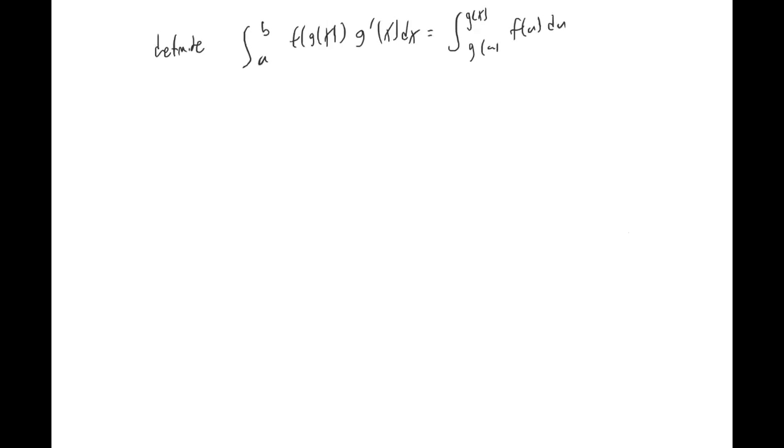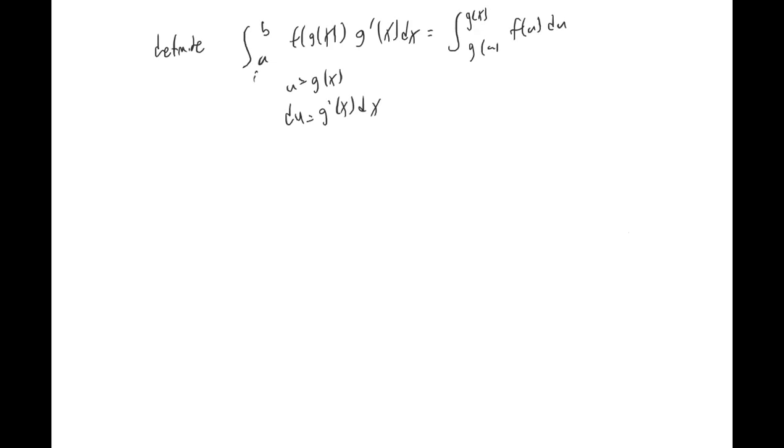The definite case is pretty much the same, except you have bounds now. All you're doing is changing your bounds: the integral from g of a to g of b of f of u du. Again, you let u be g of x, and du is still g prime of x dx. Now, what about the bounds?